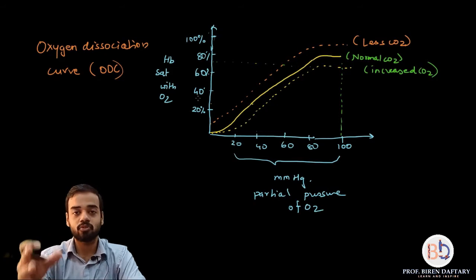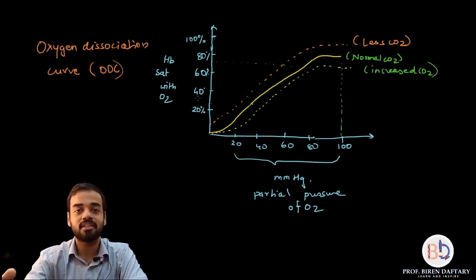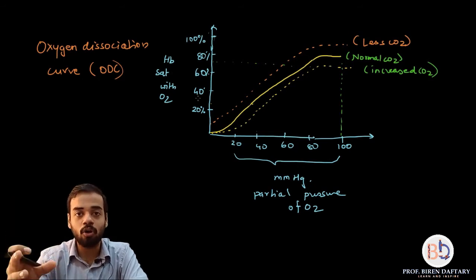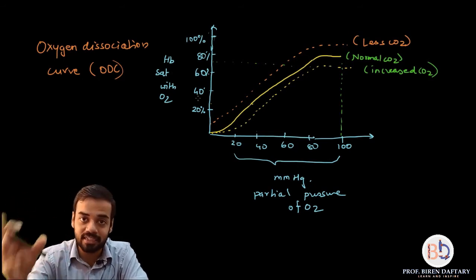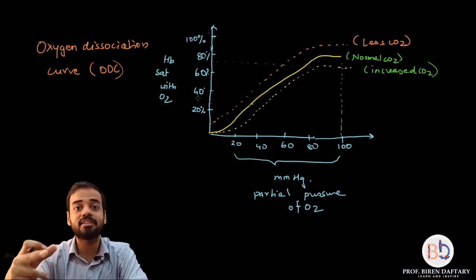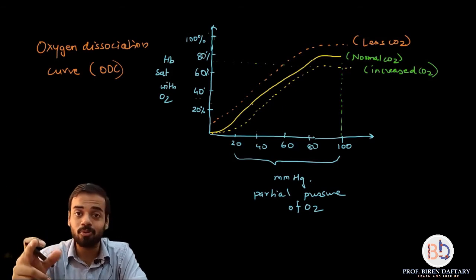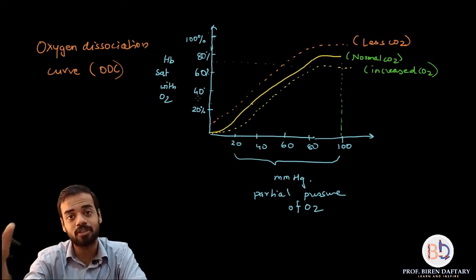And this curve shows that as you increase the partial pressure of oxygen, the saturation of hemoglobin with oxygen increases, but in that same graph, if you keep on increasing the partial pressure of carbon dioxide, then the saturation of hemoglobin with oxygen keeps on decreasing.